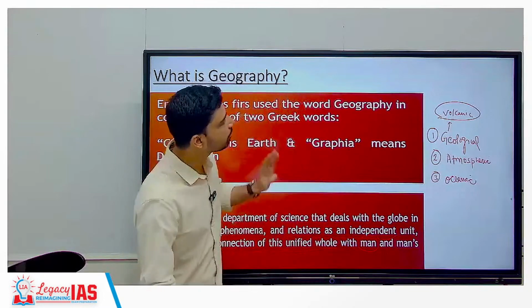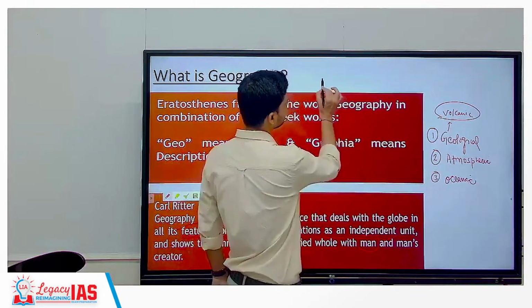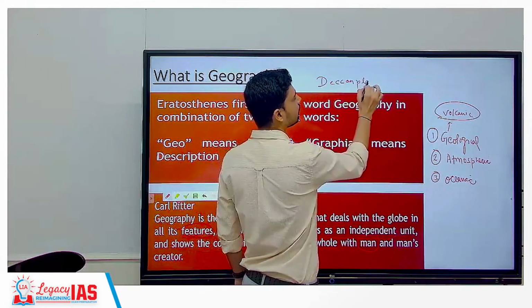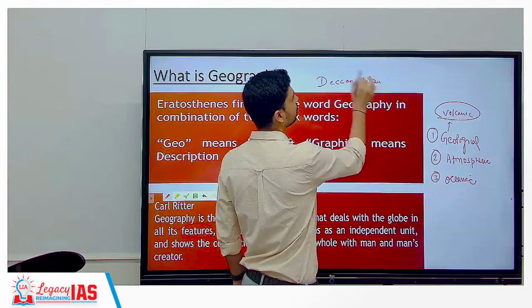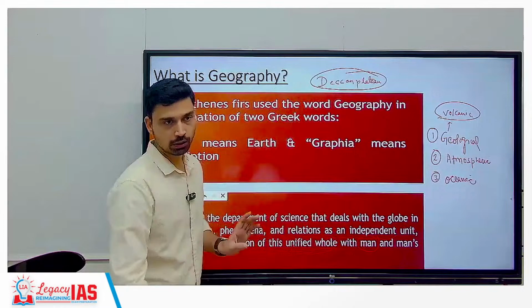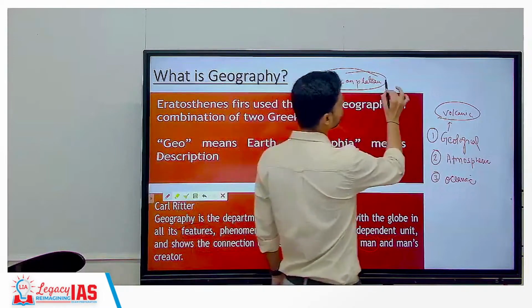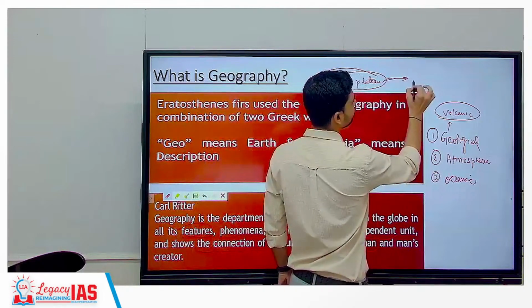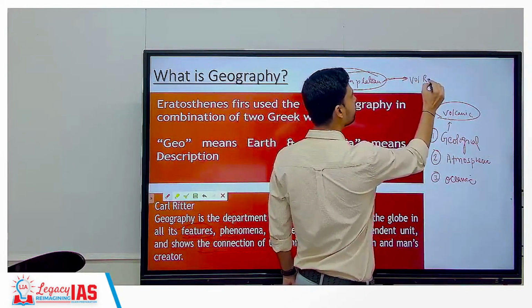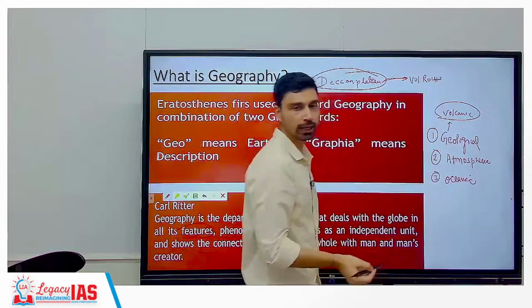So one simple example we can take, as I told you, in India, Deccan Plateau. That is an example of what? Unified whole. How is it connected to man? Simple, we can take. In Deccan Plateau, because of presence of which kind of rock? Volcanic rocks.